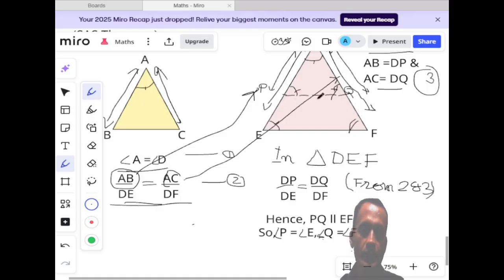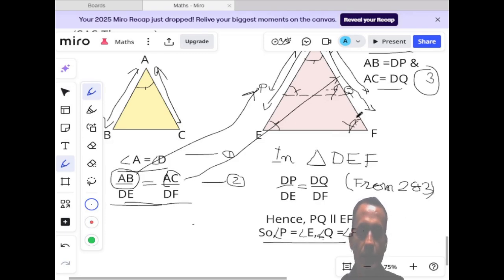Because PQ and EF are parallel and this is a transversal, so these are the corresponding angles, and corresponding angles are equal. So this is what we get.